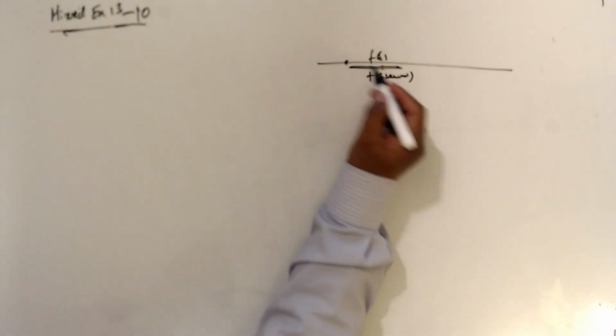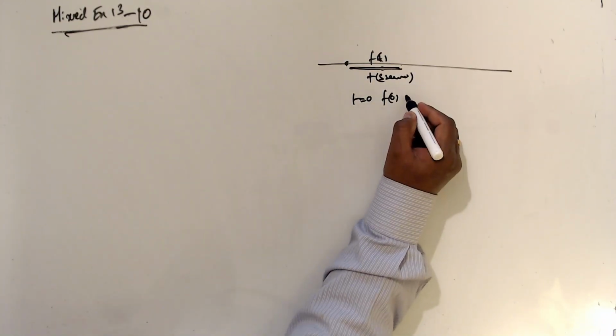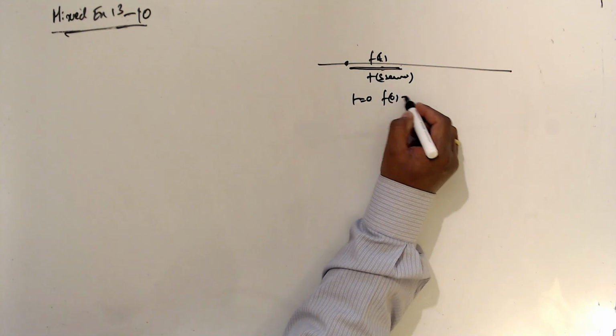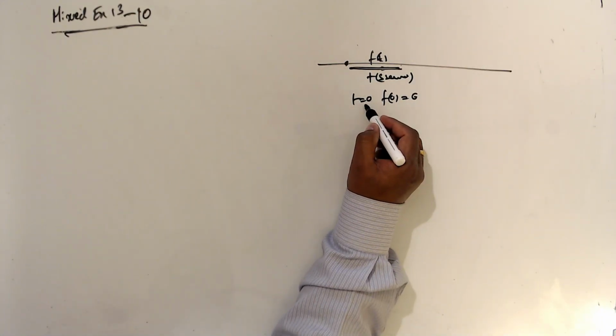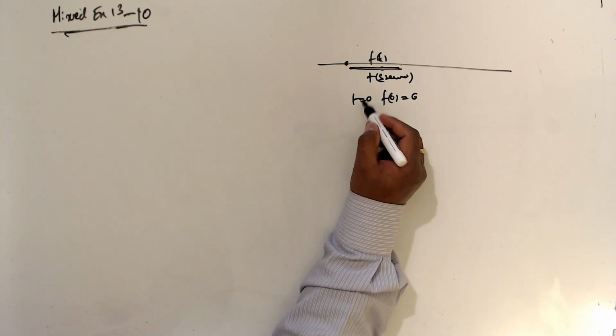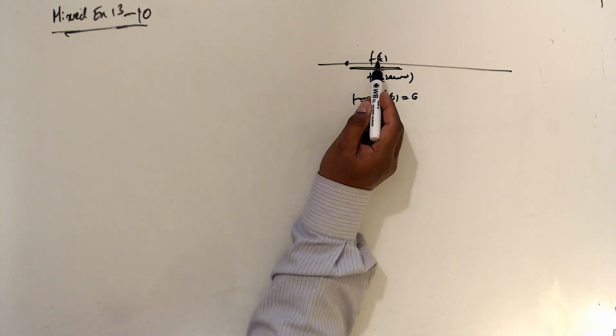One more piece of data is there. At t equals 0, f(0) equals 0. It means that at the starting point, when t equals 0, the distance has to be 0.